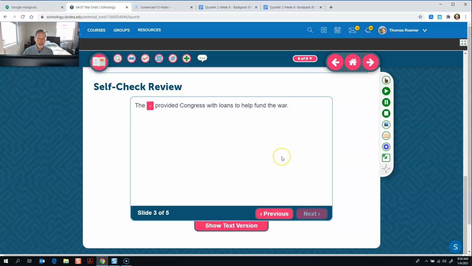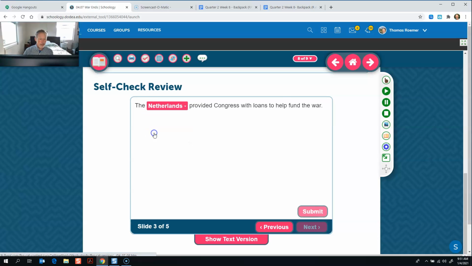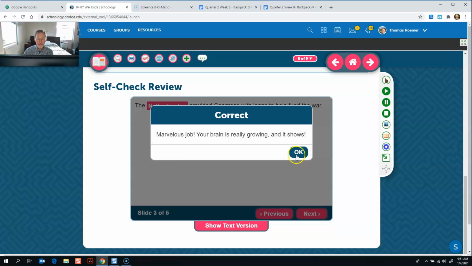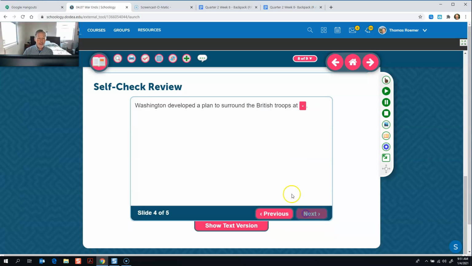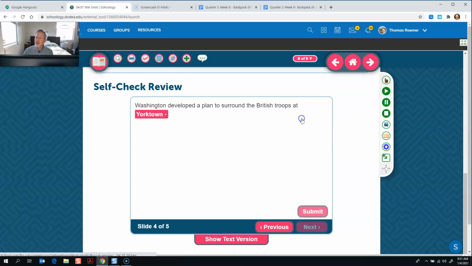The blank providing Congress with loans to help fund the war. I talked about it at the beginning. The Netherlands, they were very big bankers. They loaned money. Washington developed a plan to surround the British troops at blank. I think I have this one. I think he did it at Yorktown.